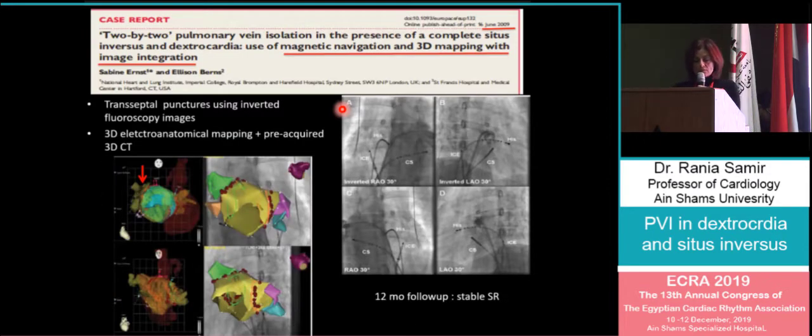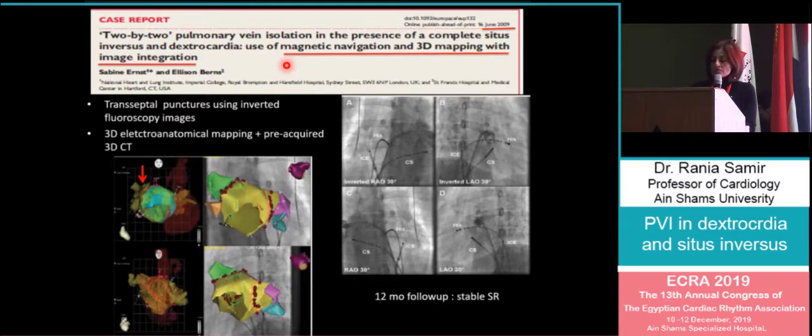In the next year, the first report about pulmonary vein isolation in a patient with dextrocardia and situs inversus totalis was published in 2009. And the pulmonary vein isolation was carried out using a magnetic navigation system in addition to a 3D mapping system, which is the CARTO system.